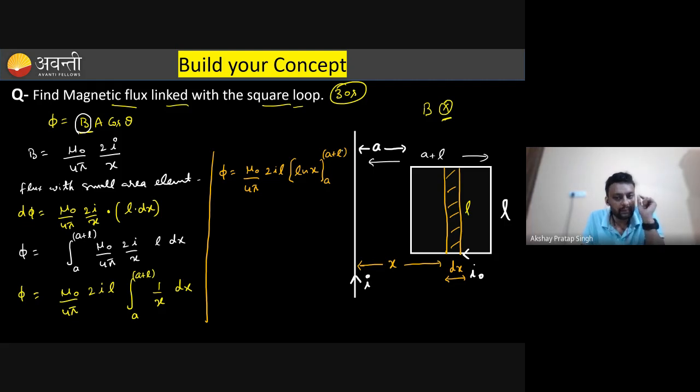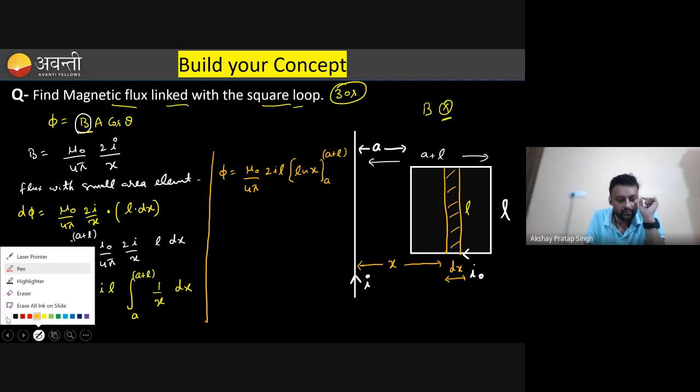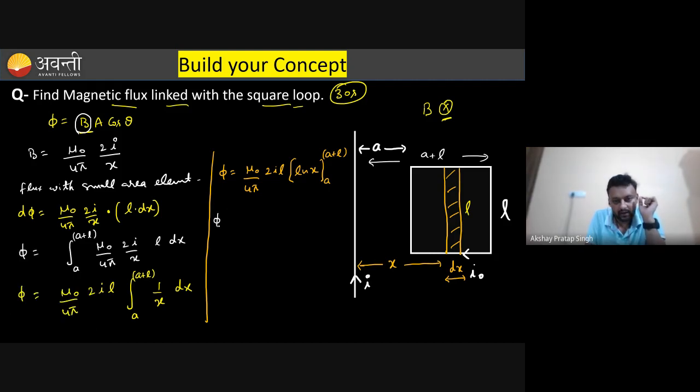Now if you put the limits, upper limit minus lower limit, I am assuming that you are in class 12th and you know how to put the limits. So without wasting any time, I can easily write it as mu naught by 4 pi, 2IL, ln of the upper limit, A plus L, minus ln A for the lower limit. You know that ln a minus ln b is ln a by b, so it is ln of (A plus L) by A. This is going to be your answer: the flux linked with the loop, or the square loop, is this one.